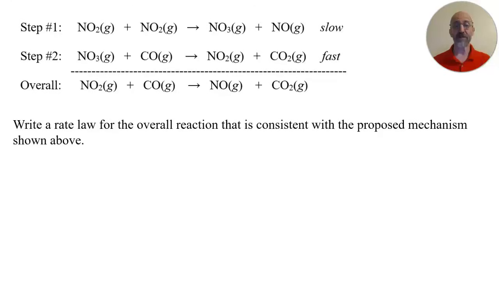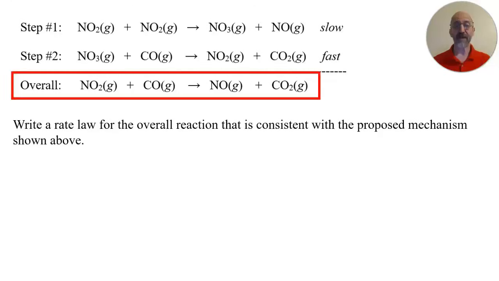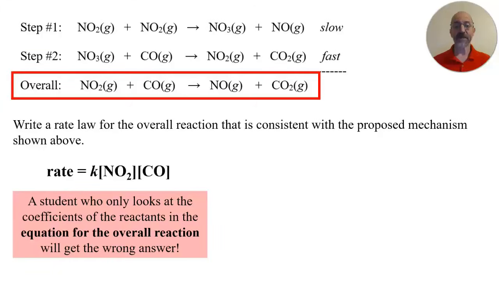So here's a two-step mechanism, and there is the overall balanced equation for the reaction. So if a student who only looks at the coefficients of the reactants in the equation for the overall reaction says there's one molecule of NO2, there's one molecule of CO, then they would get the wrong answer for their rate law.